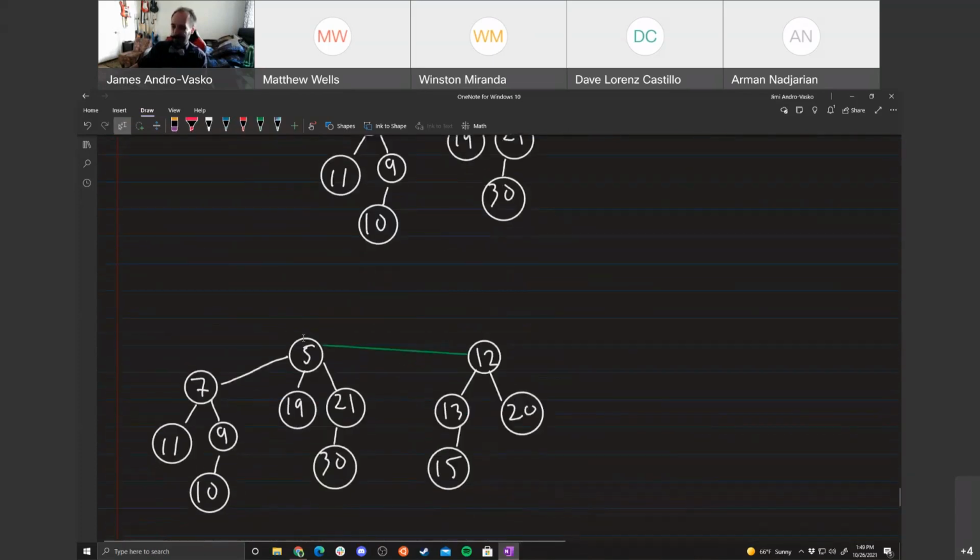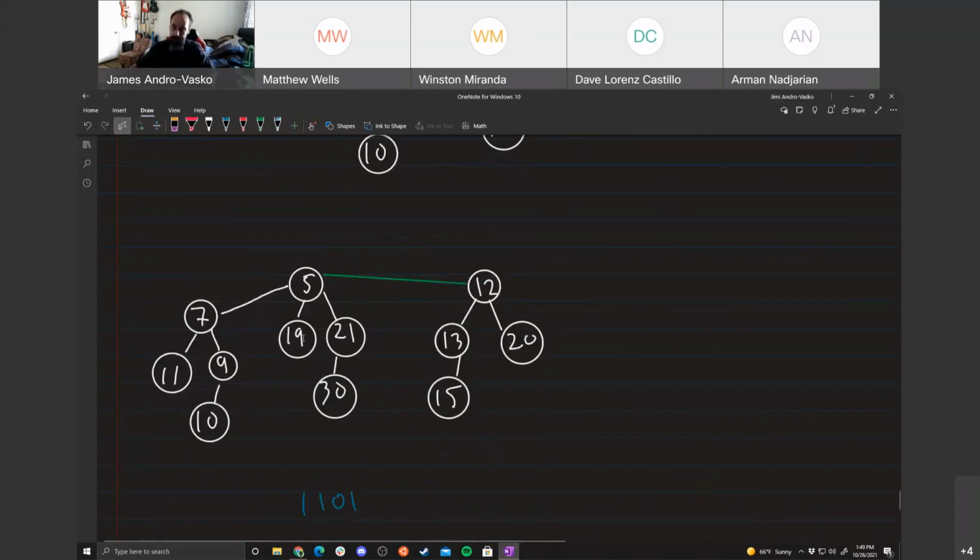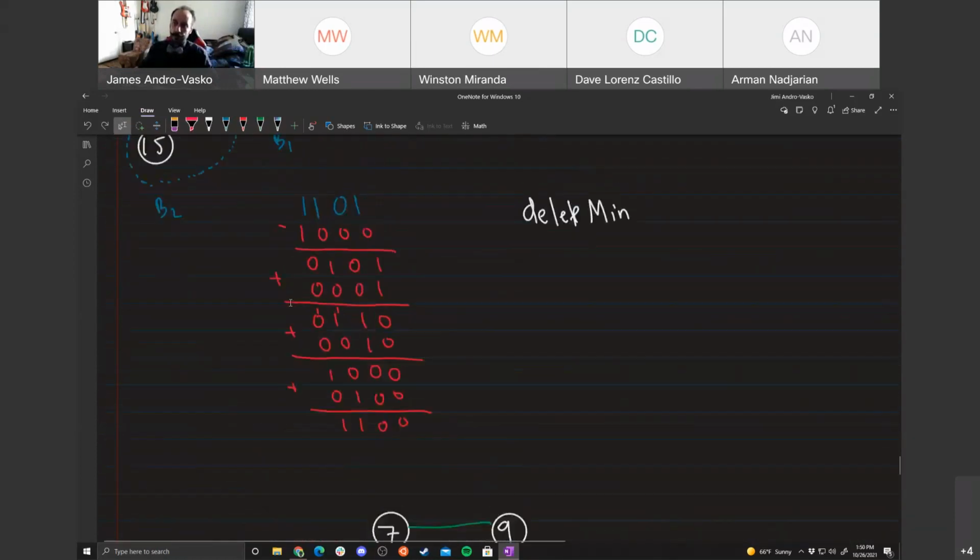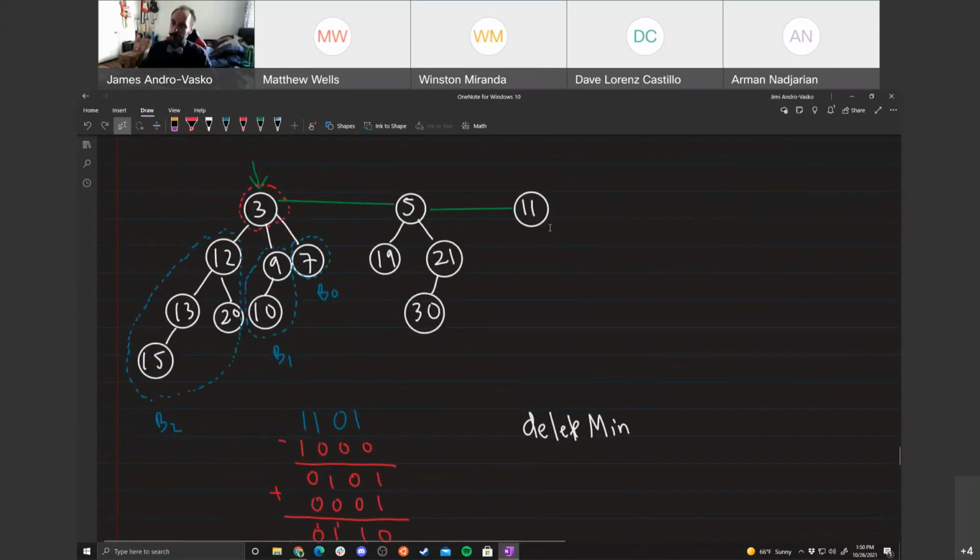Okay, I don't know what's going on right now in my head. I think I might have done something weird. Ooh, this is kind of embarrassing. Let's see what I did here. So the 7 and 11 merged together. Merged 9 and 10. They merged with these ones like that. Let me try to do this really quickly here.